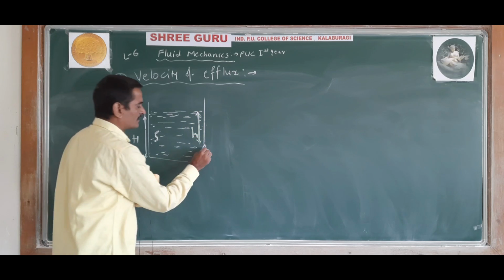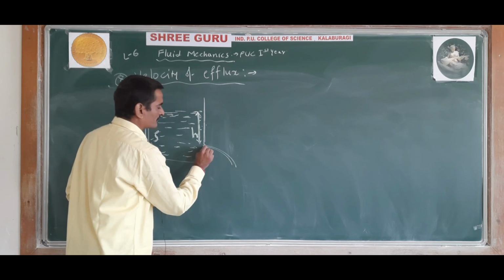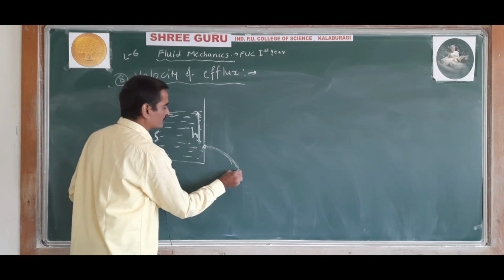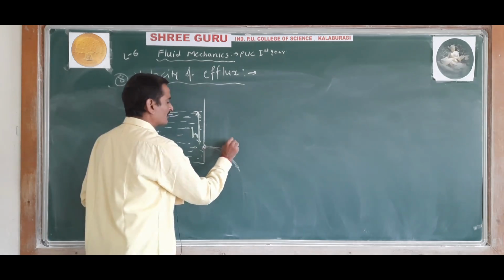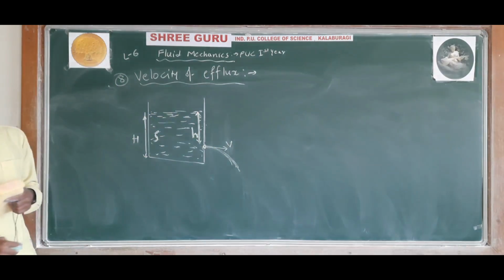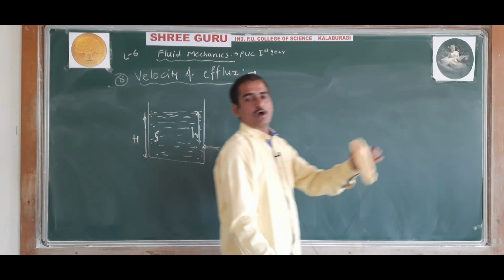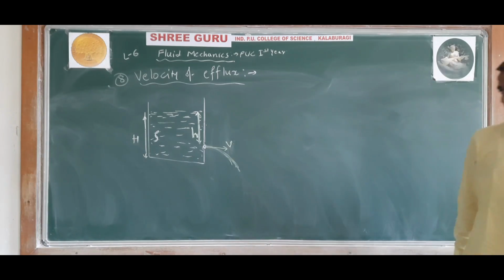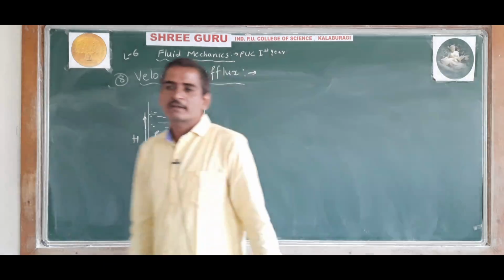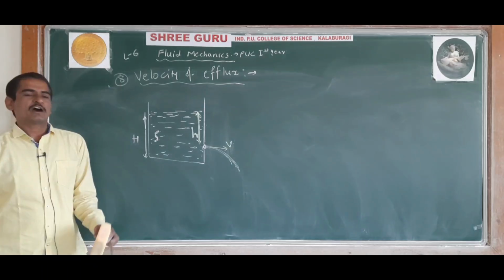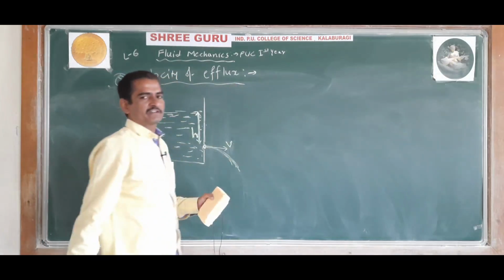As a result of that, the liquid will come out of this hole with a velocity. That velocity we call the velocity of efflux. The velocity with which liquid flows out of a small orifice is called the velocity of efflux.